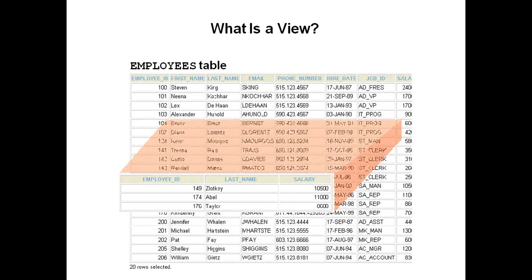With this, we are going to achieve two things. One is, you can restrict the access to a specific set of data, and the other is security. This is where views will be helpful.